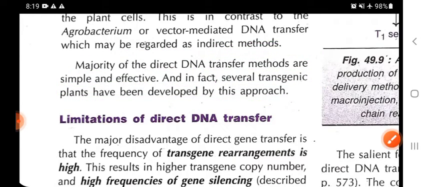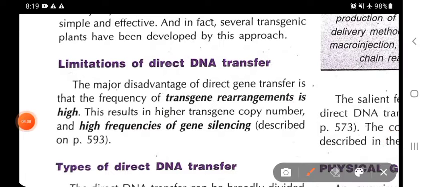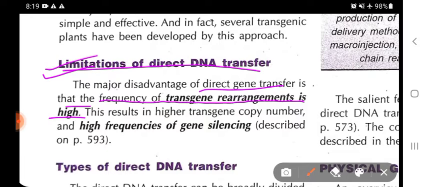Now obviously, there are some limitations of direct DNA transfer. The major disadvantage of direct gene transfer is that the frequency of transgene rearrangement is high, because we are not controlling the number of genes to be transferred into the genome of the animal or plant.